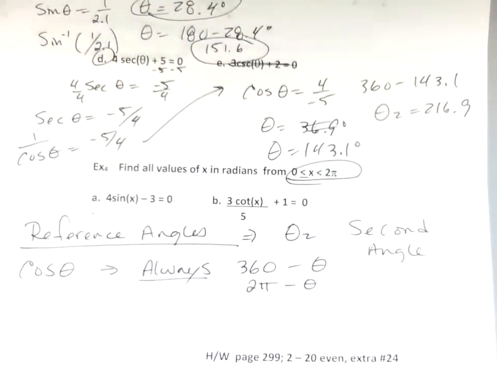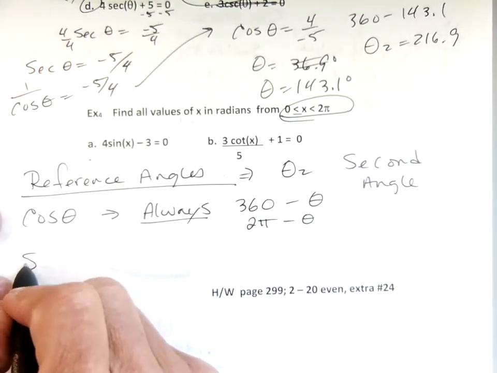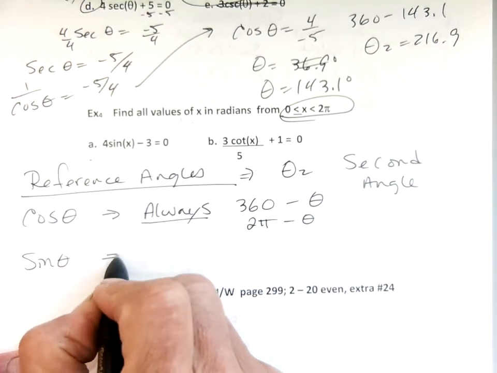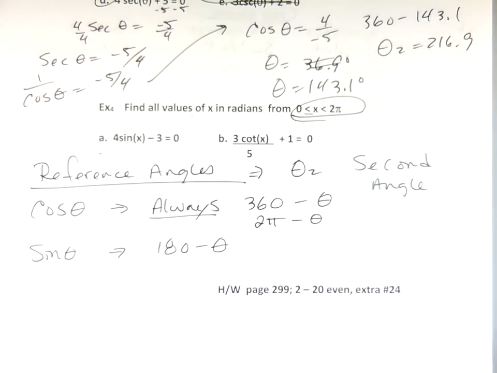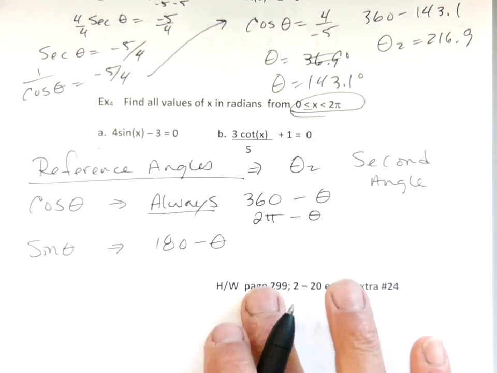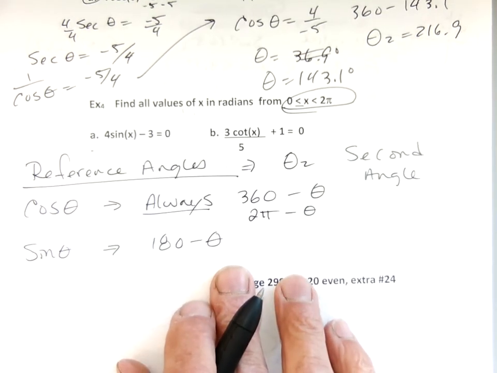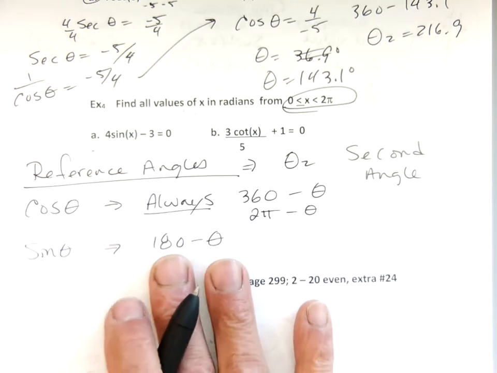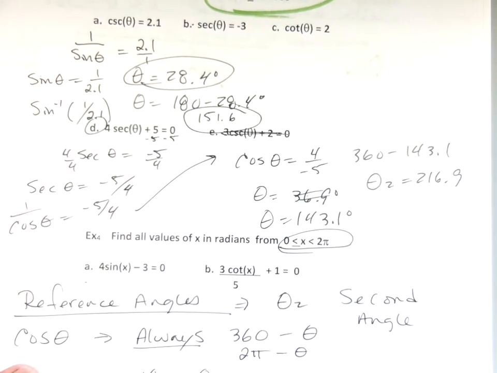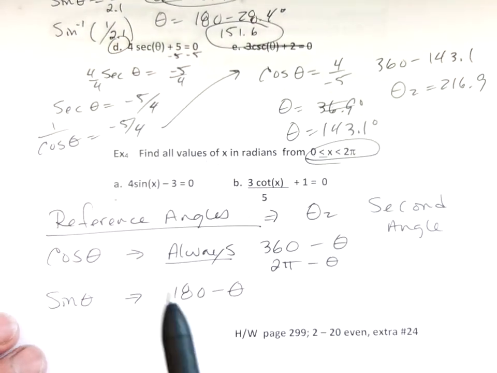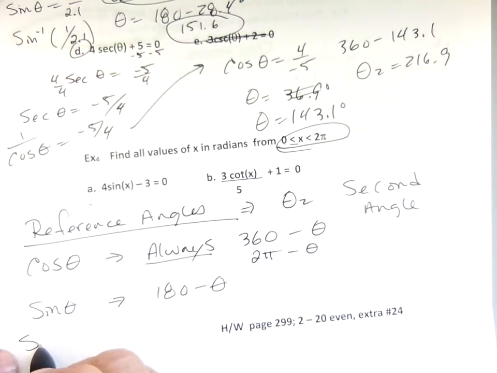So for sine of theta, I'm going to go 180 degrees minus my theta. Unless your angle is bigger than 180, then you subtract from 180. Okay, now I'll show you what that means. Okay, so I got to show you that one. Unless sine is negative, okay? Inverse of the negative.